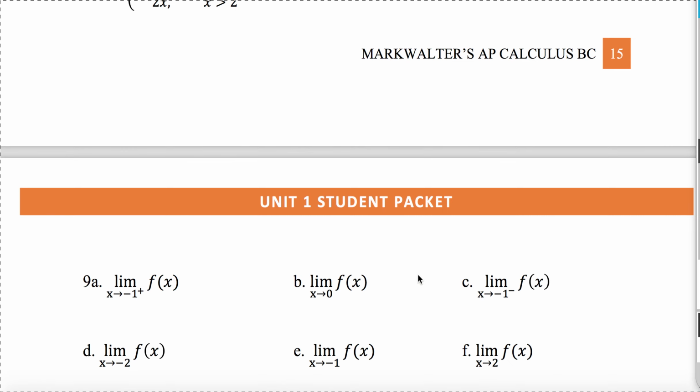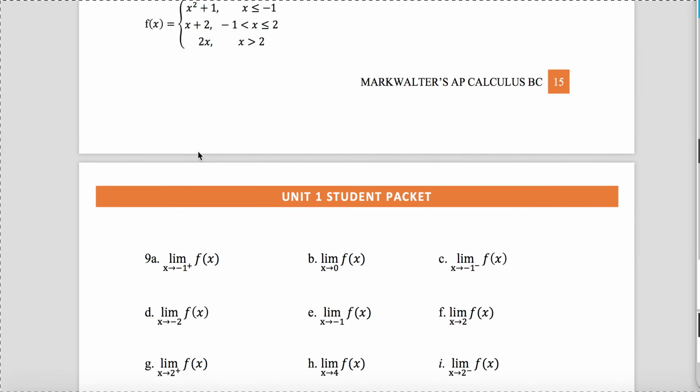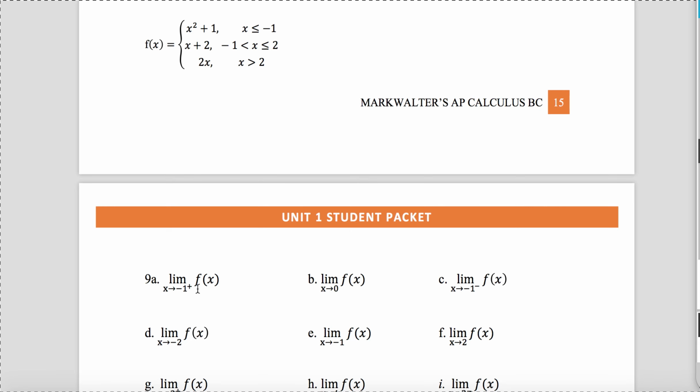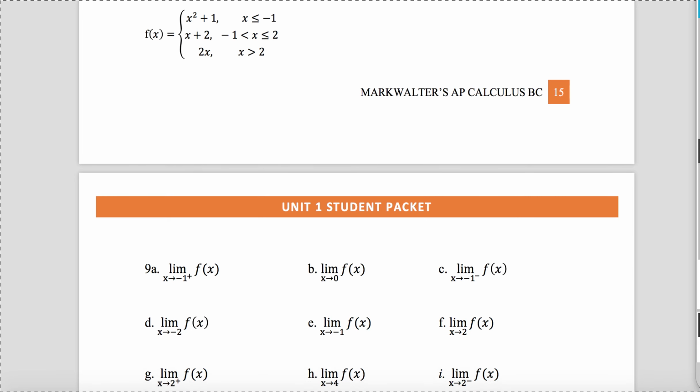Let's zoom out actually a little bit. Maybe that'll help. Cool. Let's take a look at D then. D is asking what happens as x approaches -2. Well, where is the value of -2? -2 is in this branch up top here. It's solidly in that branch. So -2 squared is 4 plus 1 gives us 5. How about -1? As x approaches -1, this approaches -1 overall, right?